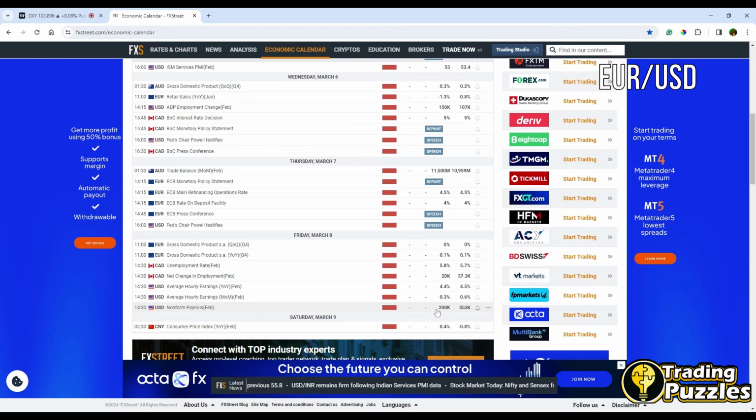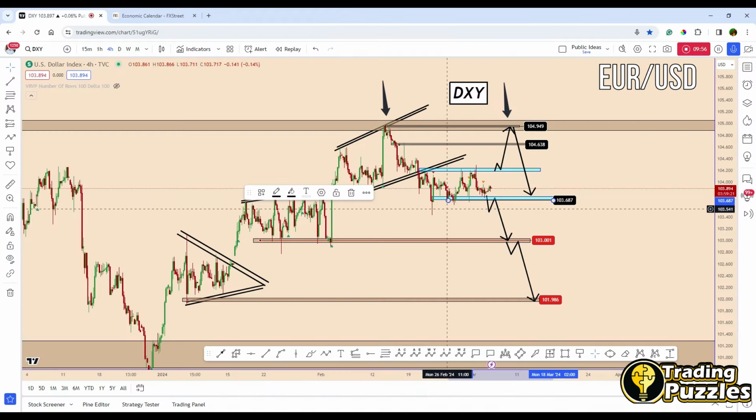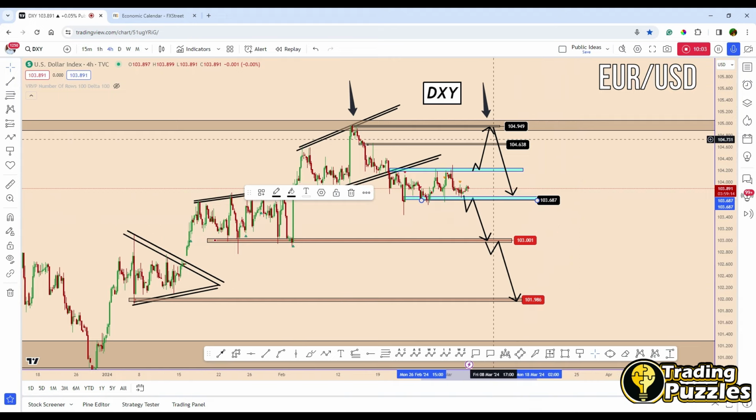However, it is not expected on the March meeting. If anything will happen, probably will happen on the June meeting, but I don't think that the Fed is going to share that comment during the press conference that we have this month. So let's see what is going to happen. Overall, I think that we should have a weaker USD during the coming weeks, but we are not having a clear direction yet.